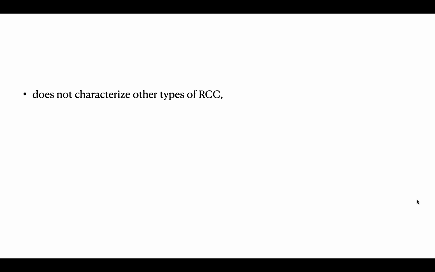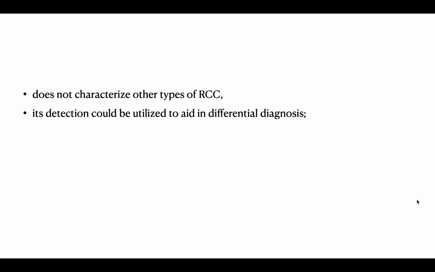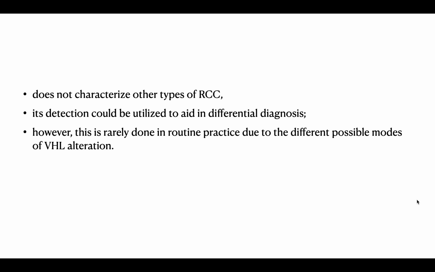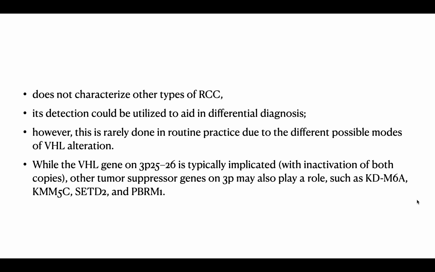So this 3p alteration does not characterize other types of RCC. Its detection could be used in the differential diagnosis. However, this is rarely done because of the different possible modes of VHL alteration.